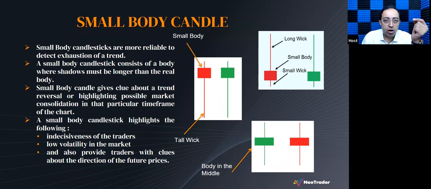If the wick or the shadow is at the bottom, that means there is demand. If it is above the body, that means there is supply. All right. So now, based on this, there are certain important patterns which, if you know them, will be helpful for quickly going through a chart and coming to an understanding.